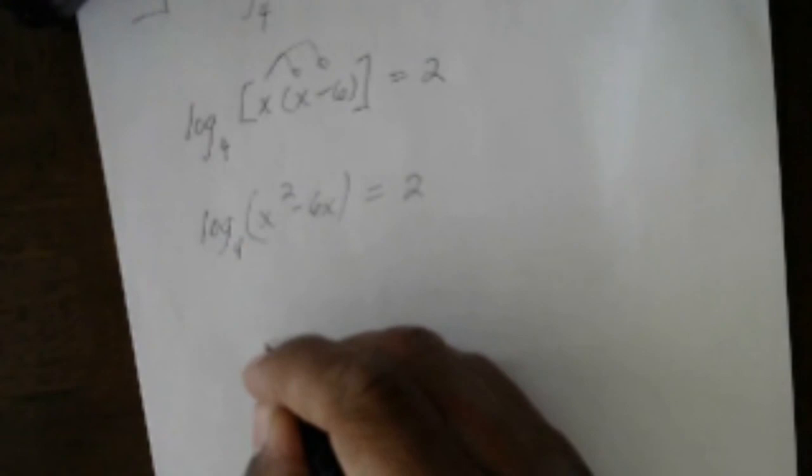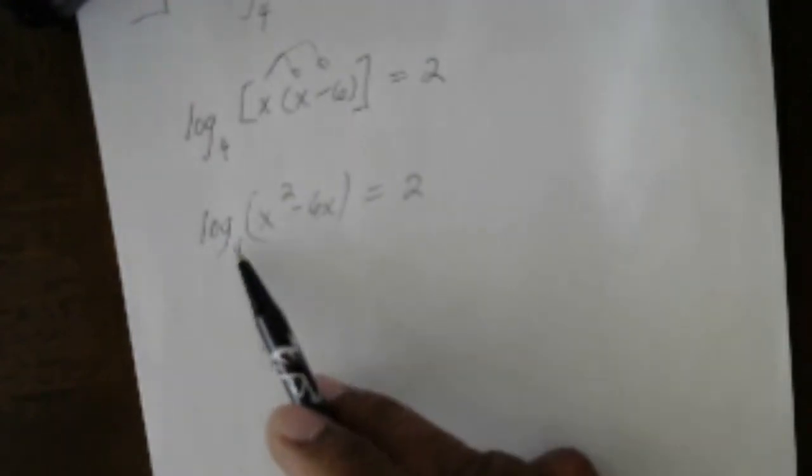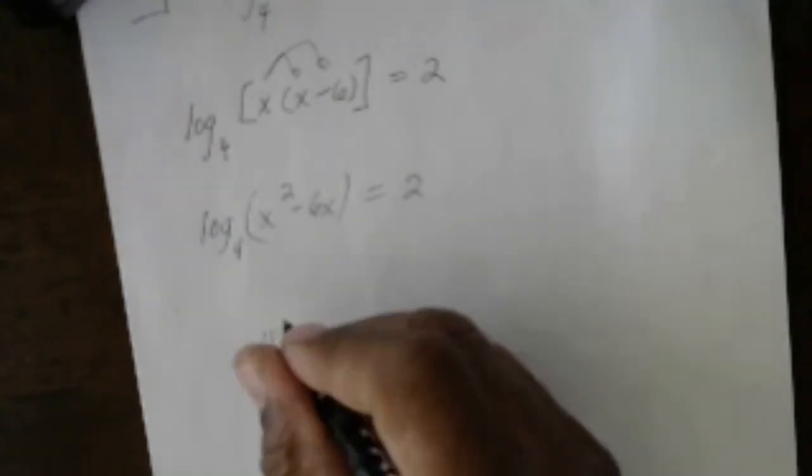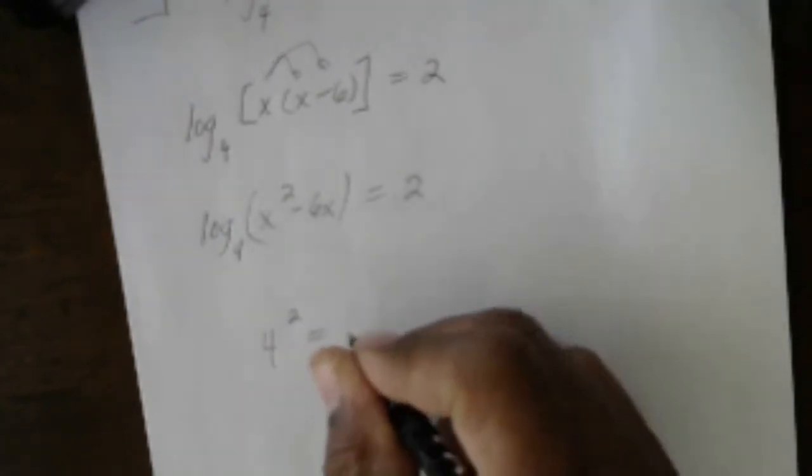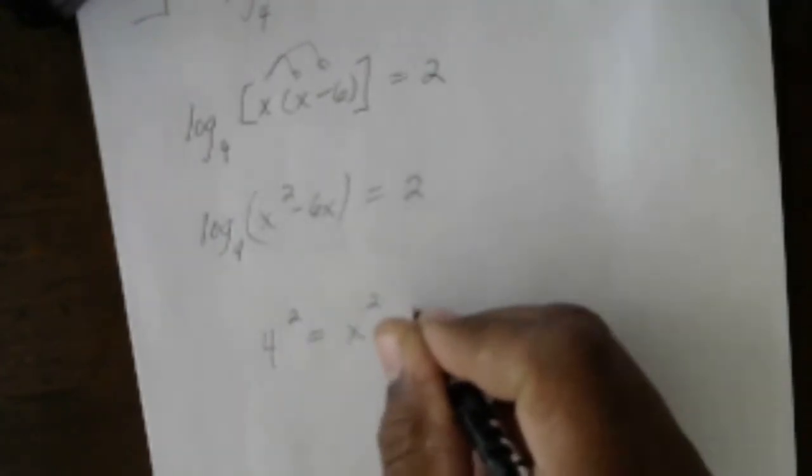So I'm going to convert this log to an exponent, and we're going to solve the exponent. All right, so much as we did in the last problem, the base of my log is 4. That means the base of my exponent is 4. I'm going to raise 4 to the second power and set that equal to x squared minus 6x.